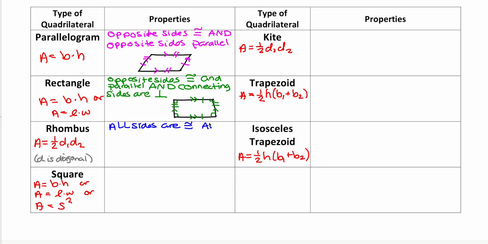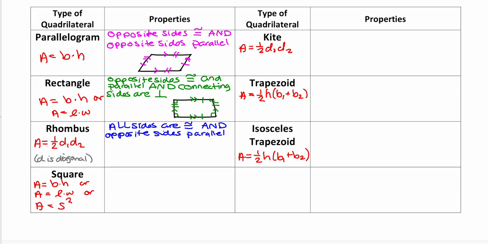And opposite sides are parallel. So again, that goes back to top and bottom, left and right. All sides will be congruent, but the top and bottom are parallel, and then the left and right are parallel because they will still connect and make the four-sided shape.